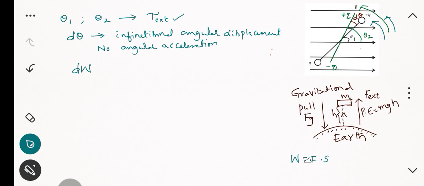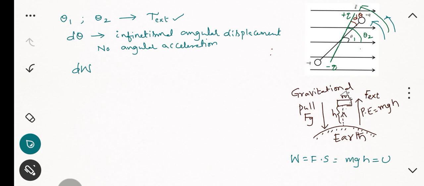If the force is the gravitational force mg and s is the height, then we can say that the work done is equal to potential energy. Let us understand the concept of potential energy.